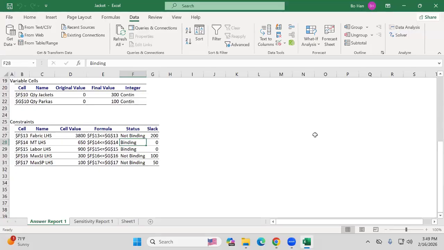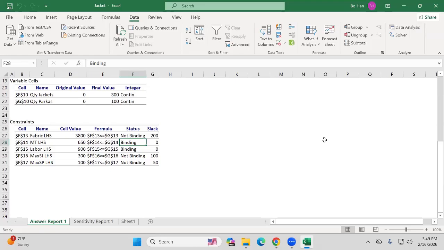Zero. Yes, zero. You have used all the resources. That's why you should know that for every binding constraint, as long as you see binding status for that constraint, the slack value for that constraint should be zero. Very good. Zero. Remember that.